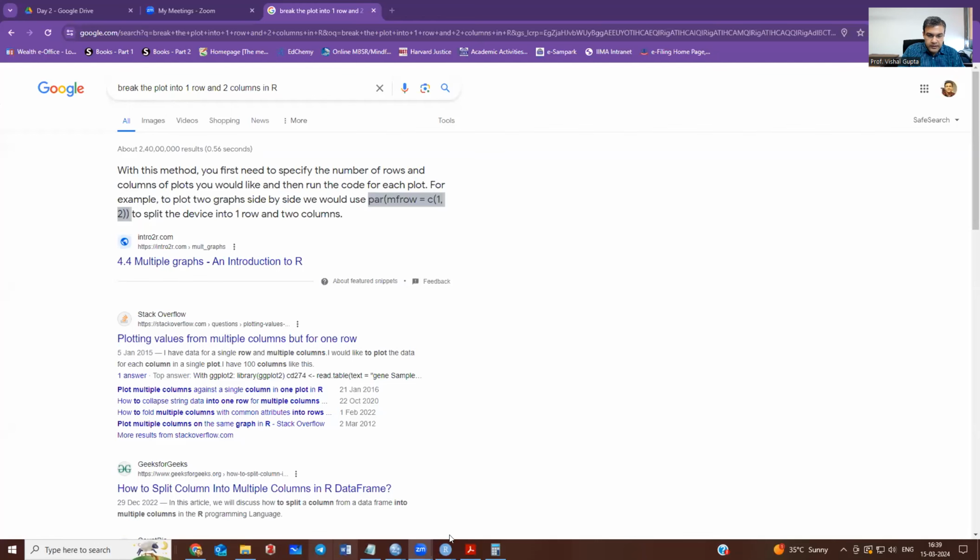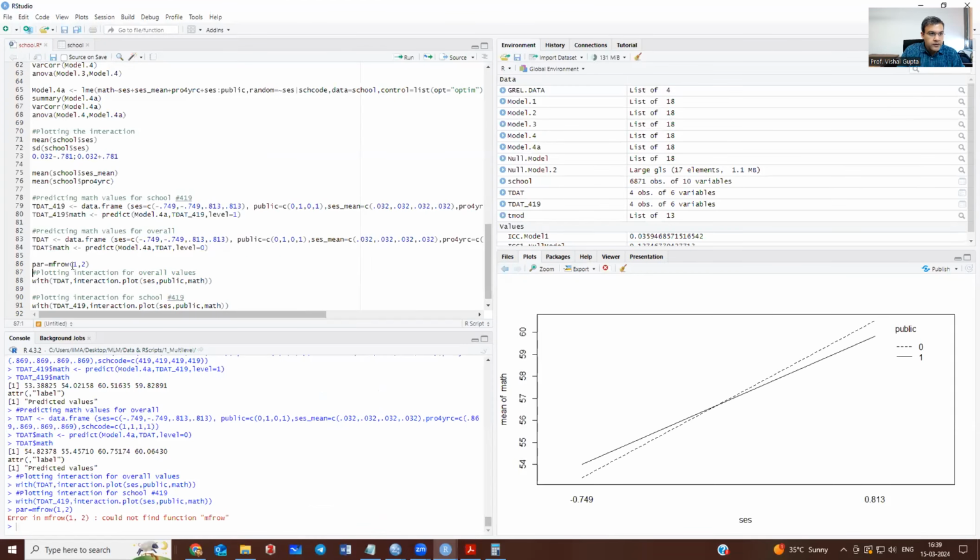Let me search that. Yes, this is the command. I just searched it on the net. So the command is, okay, I will paste it in the chat so you can all just copy it.